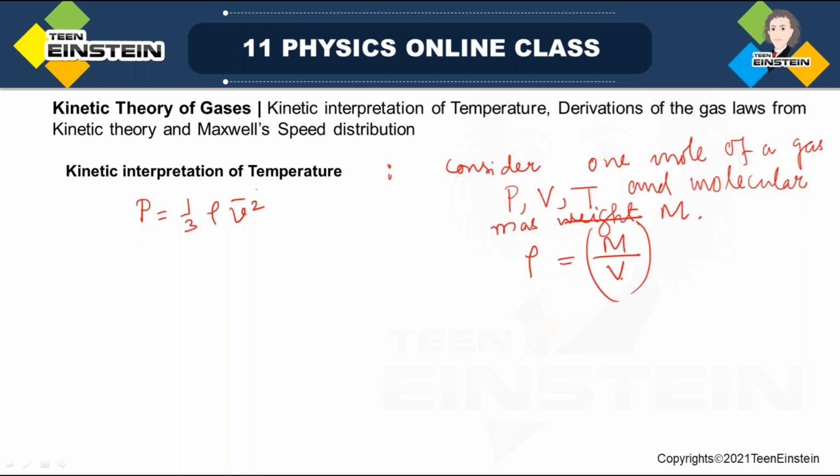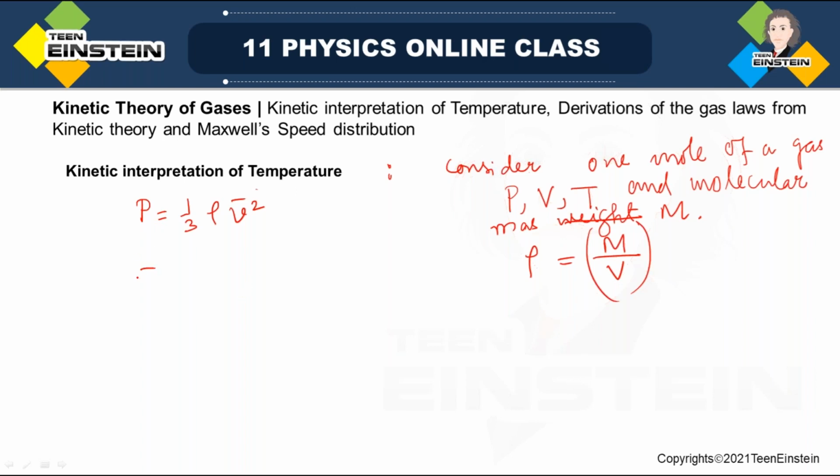Now look, according to kinetic theory of gas, the expression for the pressure exerted by the gas on the walls of the container can be written as P is equal to 1/3 rho V average square.